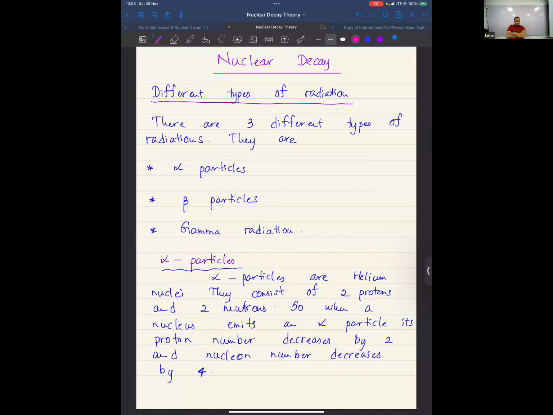Right, under that, a subtopic, alpha particles. Alpha particles are helium nuclei.